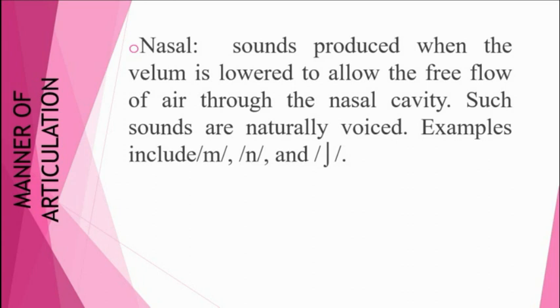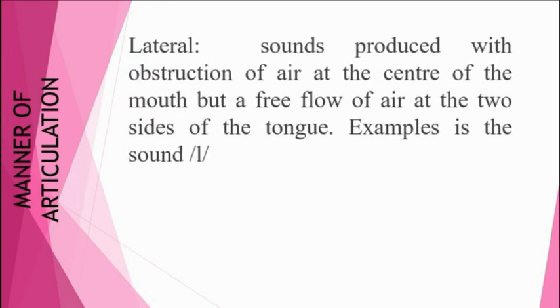We also have lateral. Lateral sounds are produced with obstruction of air at the center of the mouth, but when the air is about to be released, lateral sounds, we have just one of them, and that is l. So if you look at the way l is produced, you discover that the tongue is somehow twisted upward, and then the air coming from the lungs would not be allowed to come out from the front of the mouth.